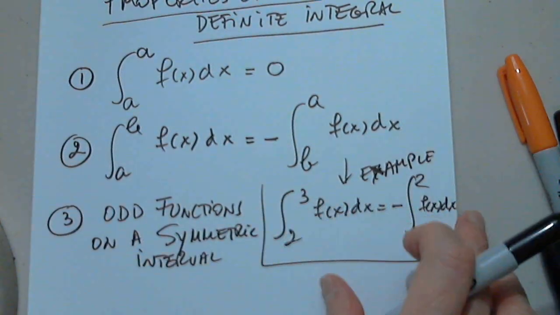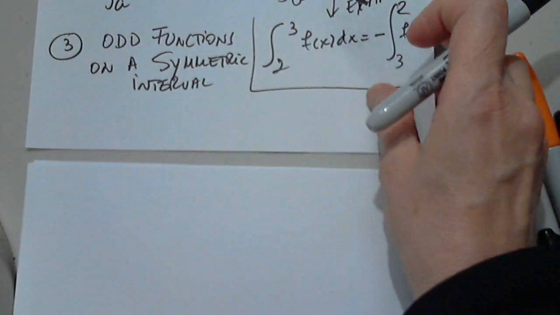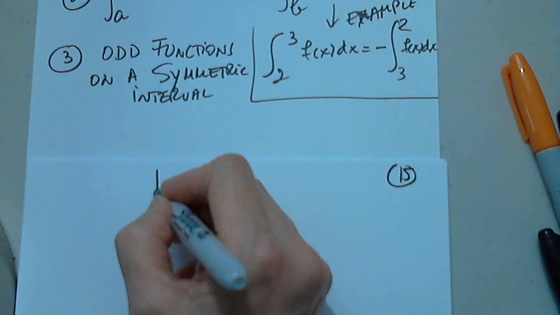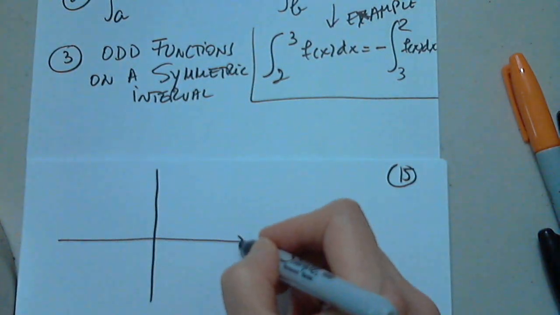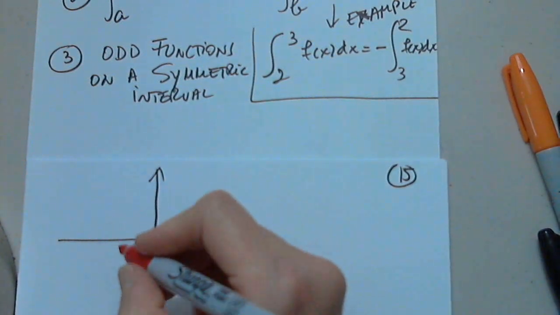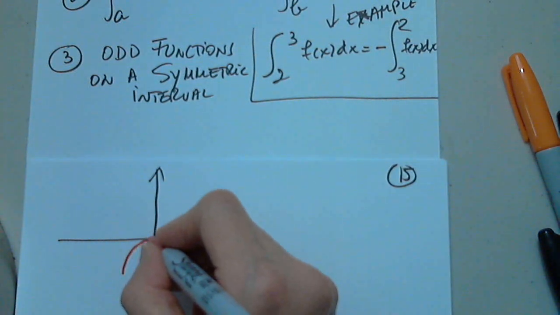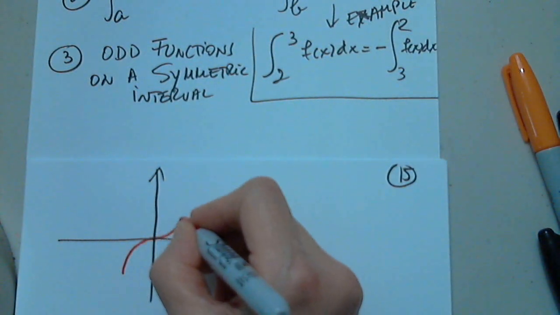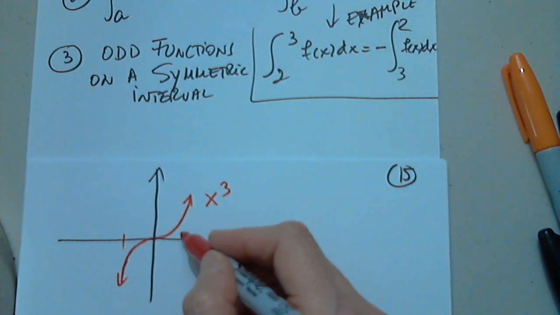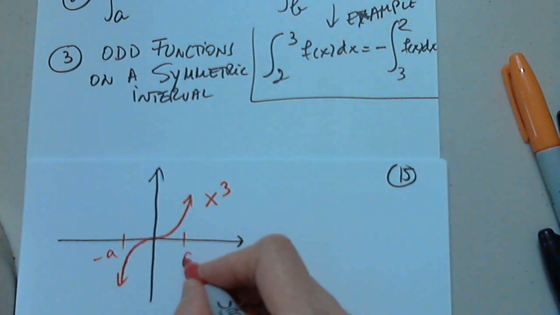Okay, I'm going to go to the next page. So here's what I mean by an odd function on a symmetric interval. Here's an odd function. It's x cubed. On the interval -a to a.